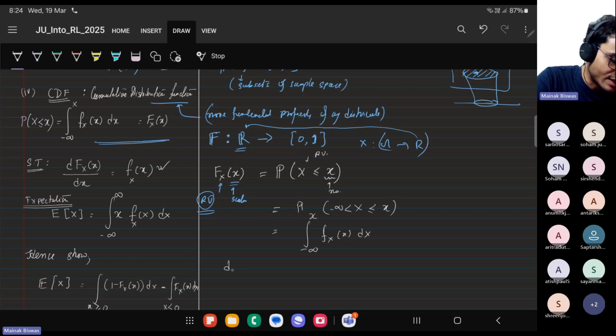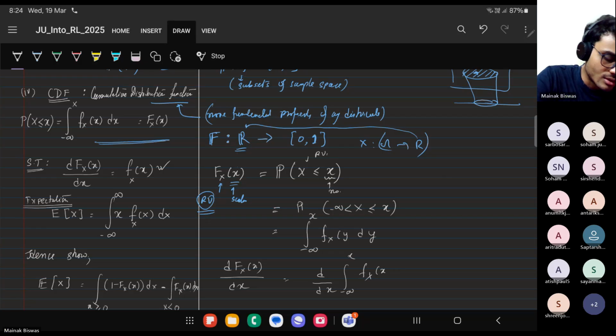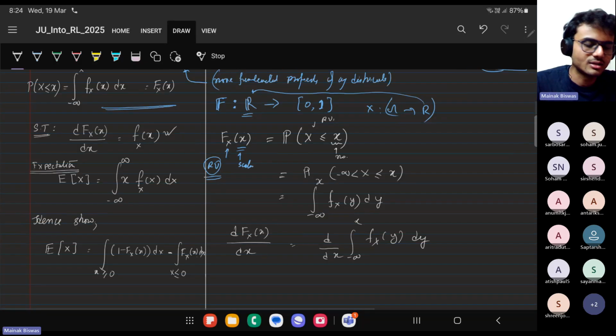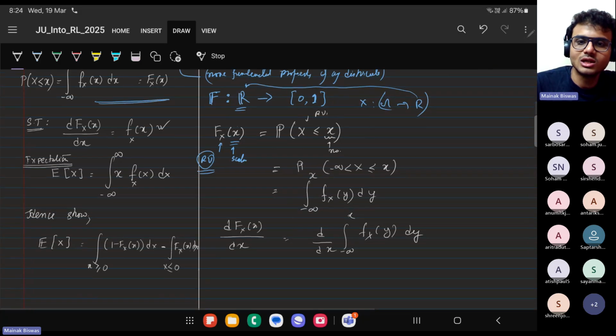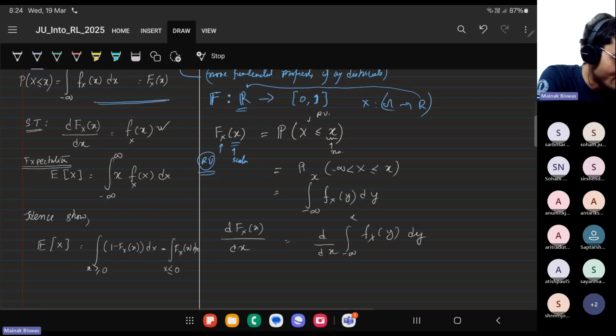If I take the derivative of F of x with respect to x, what will I get? d/dx of the integral from minus infinity to x of f, let me write a different variable over here. What will I get? Do you recall this formula, or do I have to use the fundamental theorem of calculus? Do you know this formula? This is the Newton-Leibniz formula.